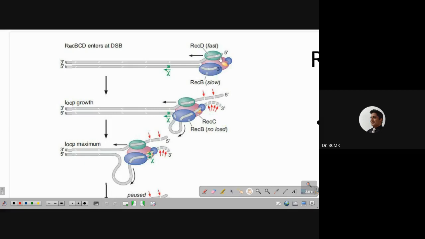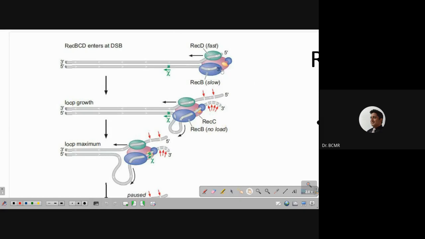This is RecB, the red one is RecC, and the green one is RecD. These three form a complex, and they bind to the end of the DNA. This DNA is foreign, it has come from outside into the cell.